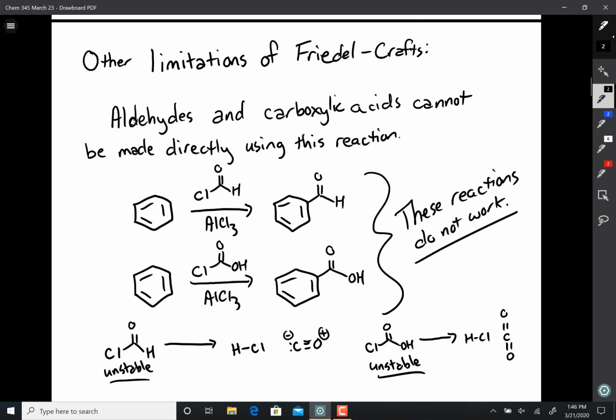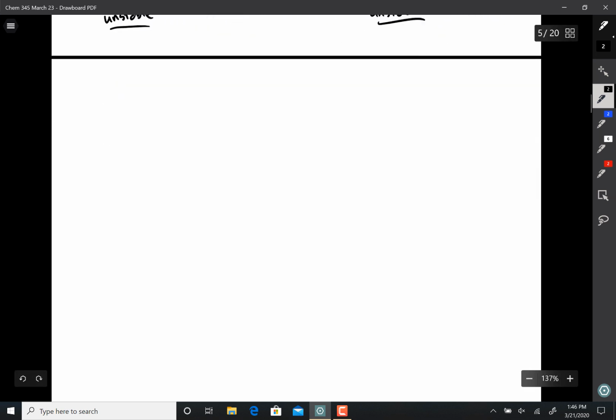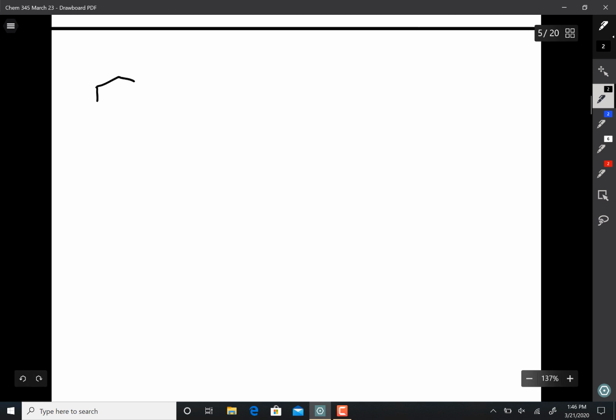With that said, there are other ways around this. One way of making a carboxylic acid is you can use this chloro ester right here.